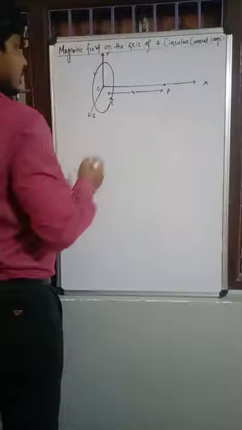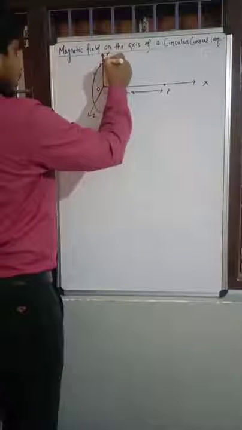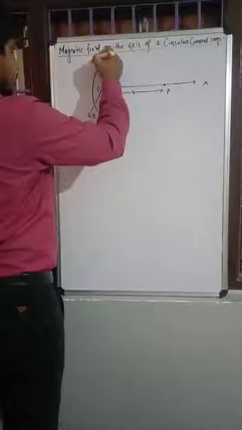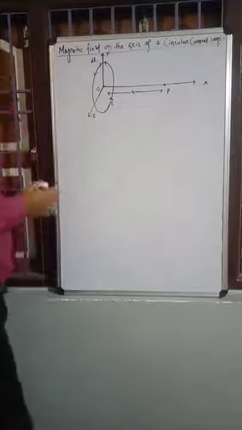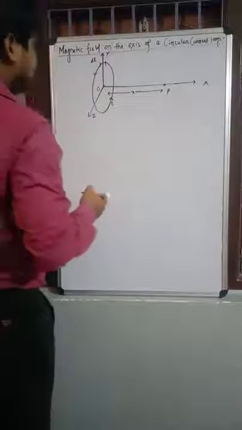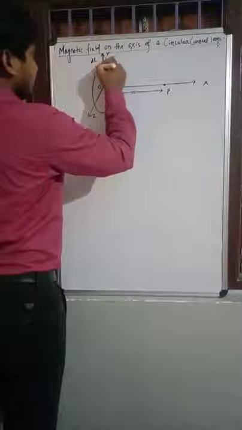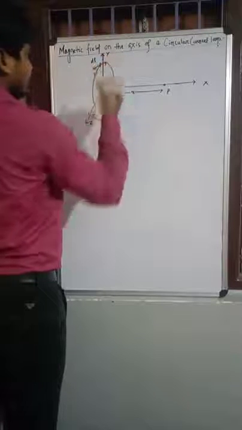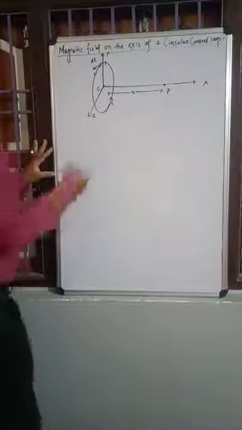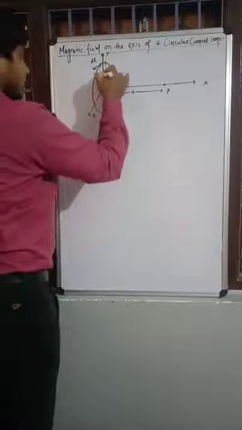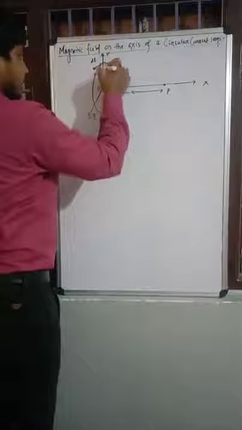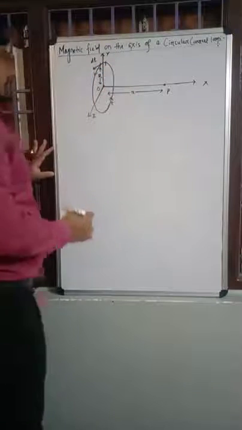So let us consider a small length element dl here. The direction of this dl will be like this, and let capital R be the radius of this loop.